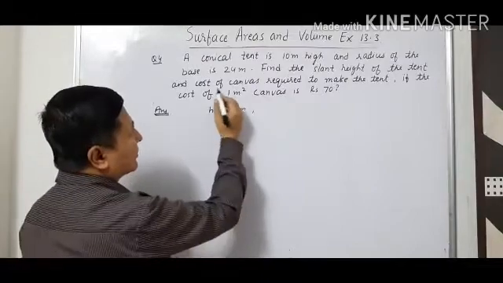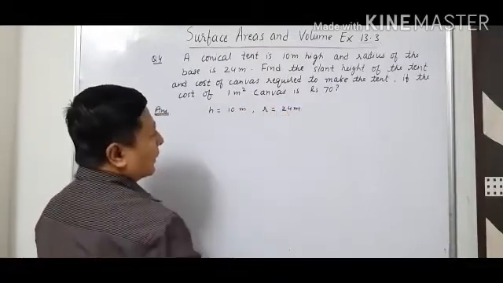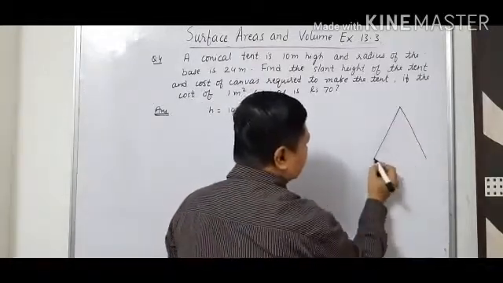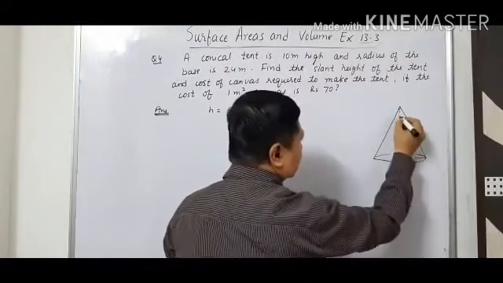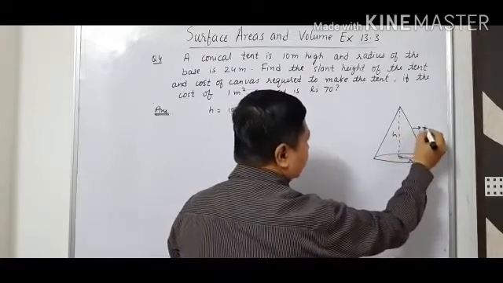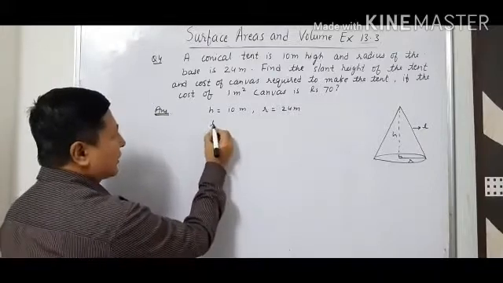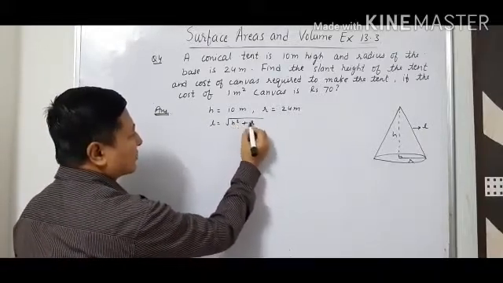And radius of the base is 24, so r equals 24 meter, and we know that this is a conical tent, this is the radius r, and this is the height h, and this is slant height. We know the formula of slant height: L equals under root of h square plus r square.